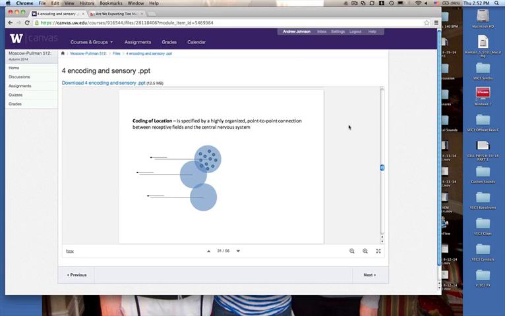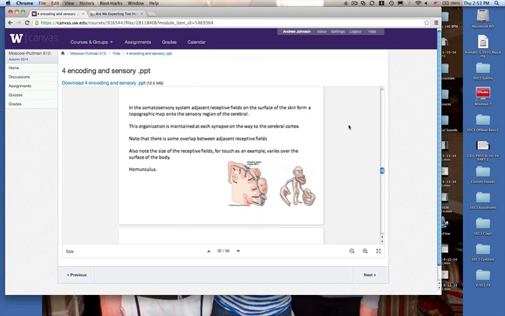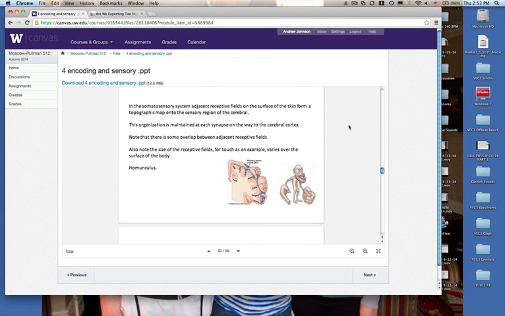The homunculus is the little person mapped onto, for example, your motor cortex, and different regions of the motor cortex or cerebellum or whatever else have different amounts of space depending on how much of it is devoted to a different part of the body.